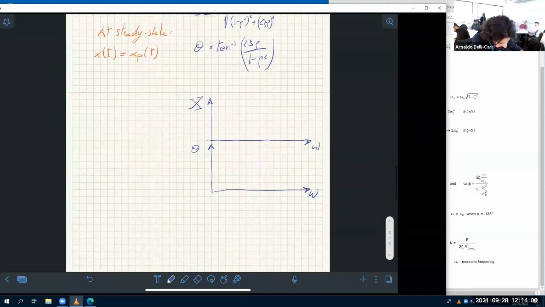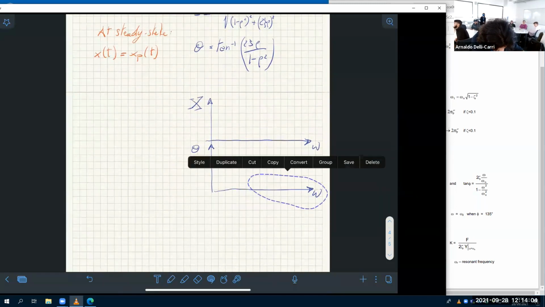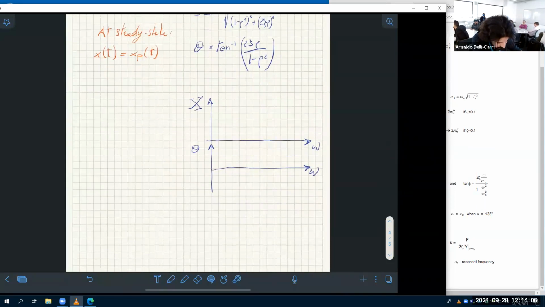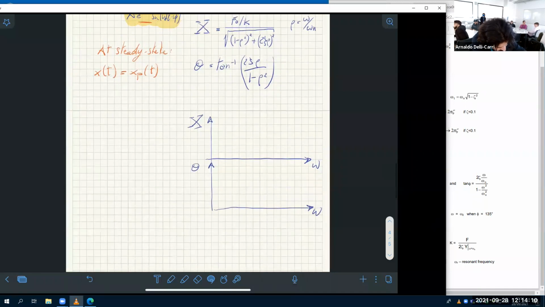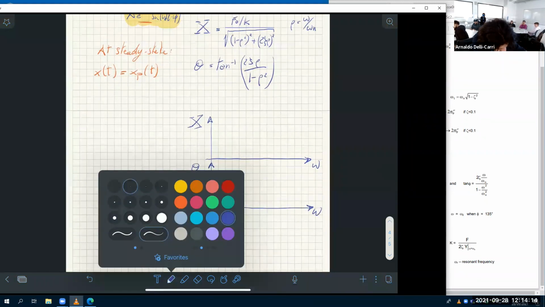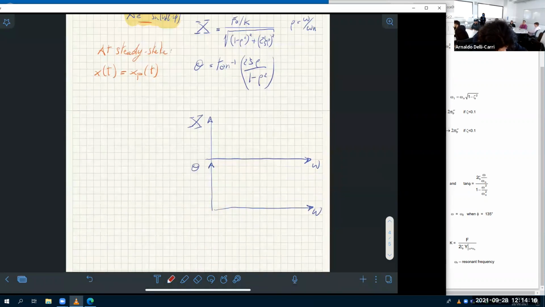Let me put this here. They look like this. Let's say that this one is omega n. And then we have theta here that looks like this.